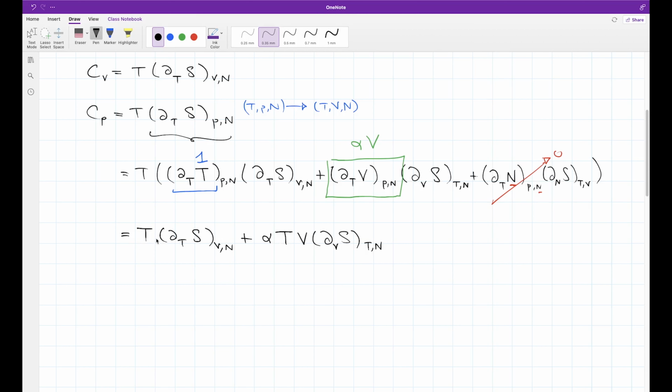Okay, wonderful. So we're almost at a place where we can say something, and the one extra piece of information we need is that this object is exactly what we have here. In other words, this is CV.